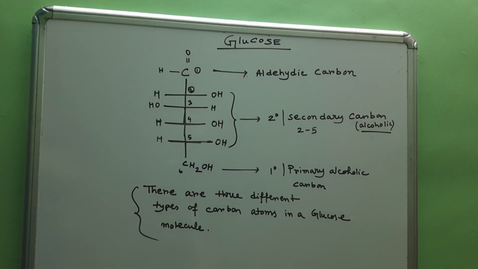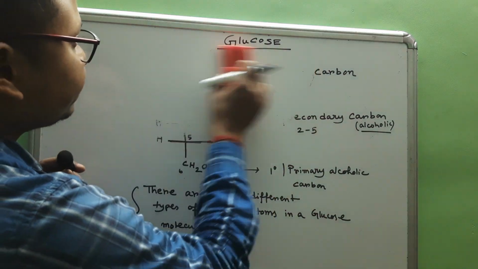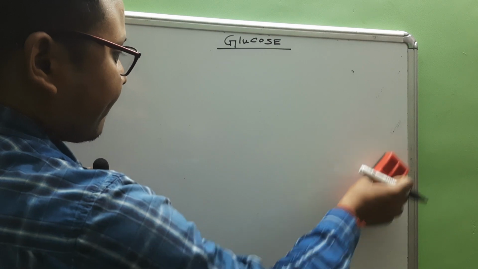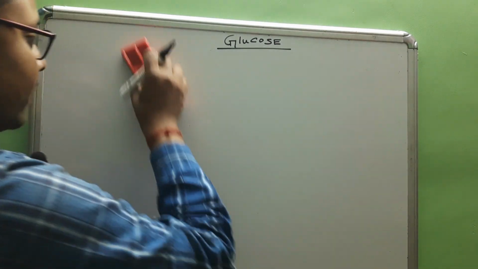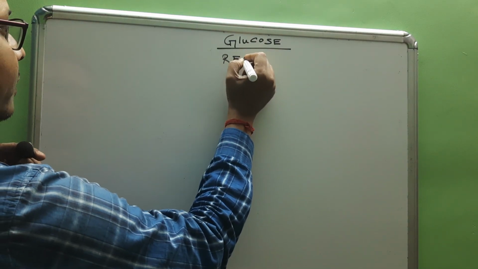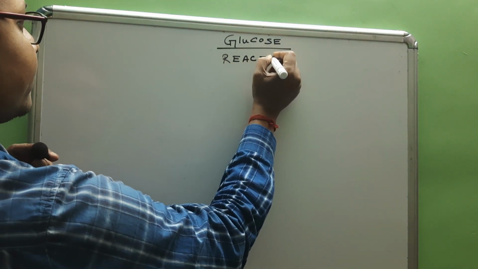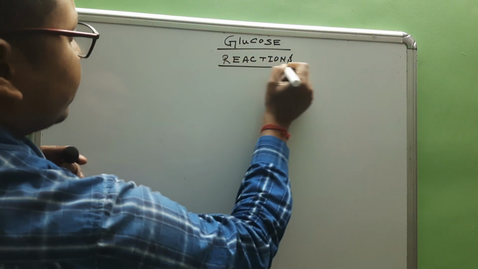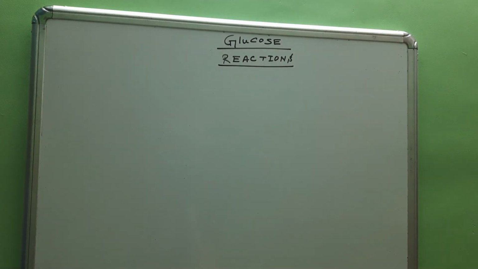Okay. So we'll see some reactions of the glucose molecule. Number one, we'll see some important reactions. We are not going to discuss all the reactions, but some important ones for you.